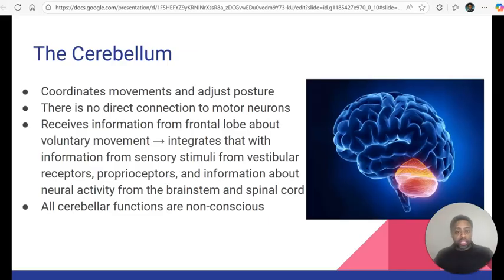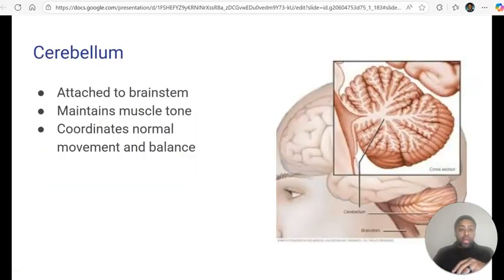And then, of course, it receives sensory information. It integrates that to allow for the optimal movement to take place. As I said earlier, it is situated right below the brain and posterior to the midbrain, or the brainstem.